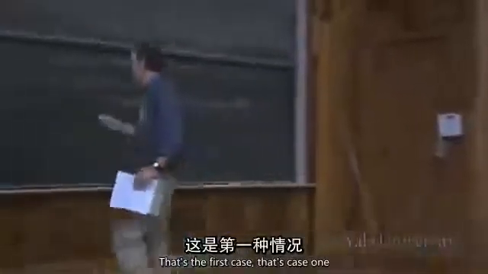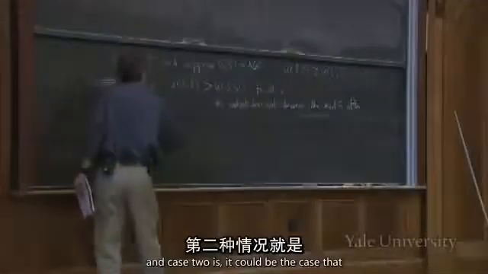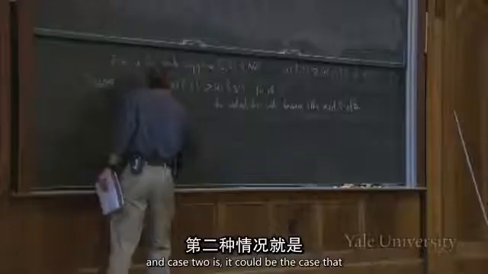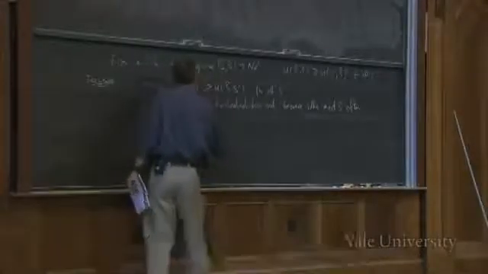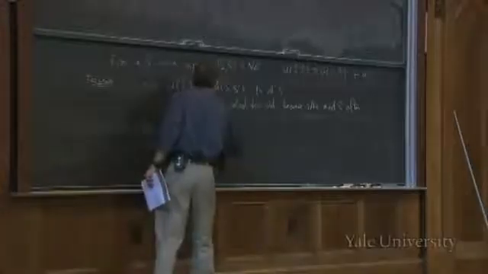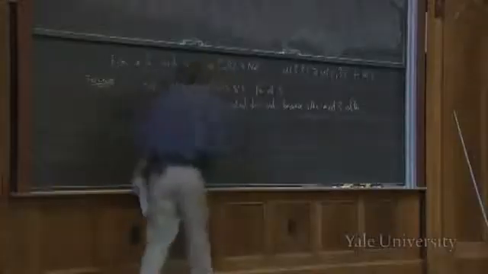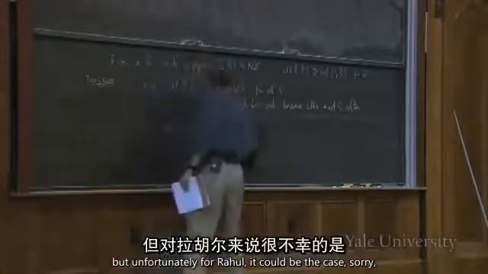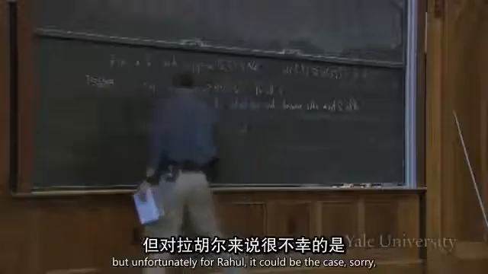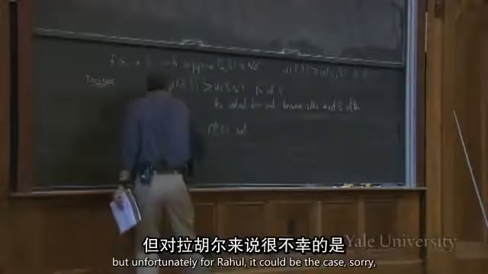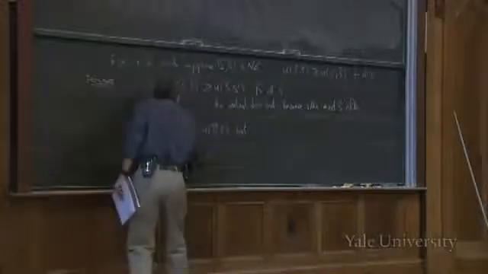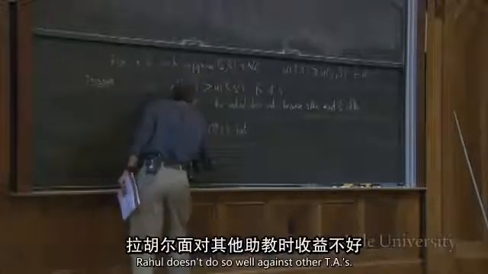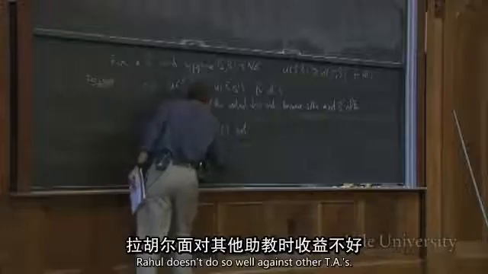That's case one. And case two is, it could be the case that in fact Rahul does pretty well against the incumbents. Rahul does pretty well against the incumbents, but unfortunately for Rahul, according to definition B, Rahul doesn't do so well against other TAs.